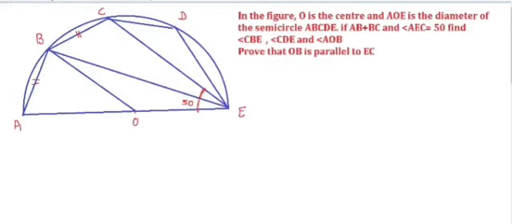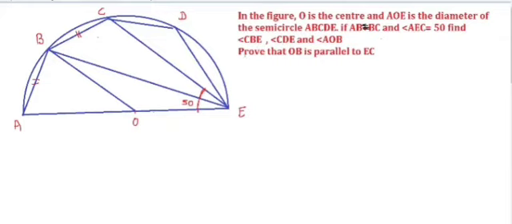In this question, in the figure, O is the center of the circle and OAE is the diameter, and the semicircle is ABCDE. We need to find out the angles. Here it is given that AB is equal to BC, so these two lines are equal, and angle AEC is equal to 50.